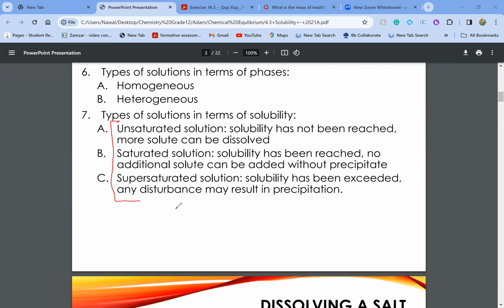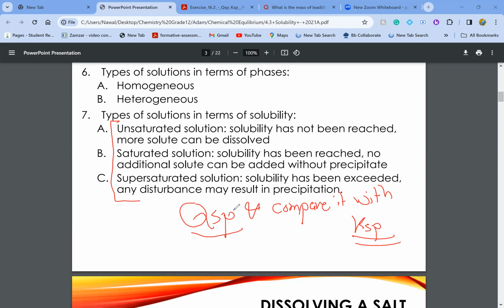Unsaturated, saturated, because I have to find the QSP and compare it with KSP. KSP is given. QSP we sometimes find by calculation and compare.